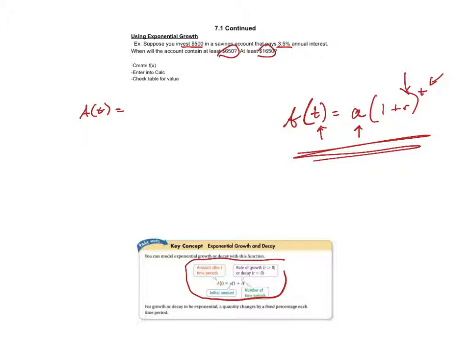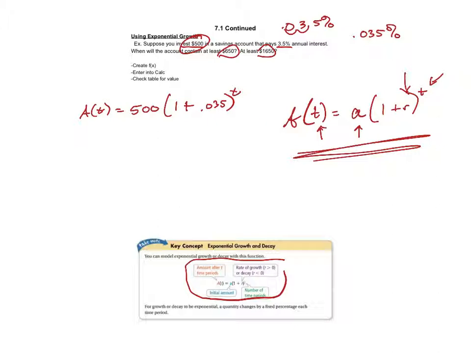The initial investment is 500 times 1 plus my rate. My rate is 3.5%, and in order to move that into a decimal, I need to move the decimal place twice, so that is 0.035, and then it says time.